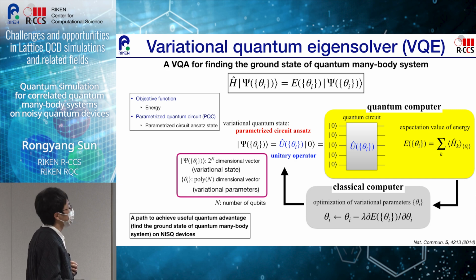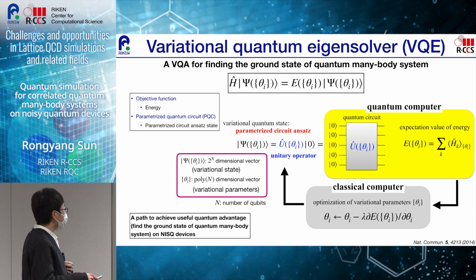Since it can be realized, you can measure the energy and also the derivatives of the energy, and send this information to some classical optimizer on a classical computer, and update your parameters in the parameterized quantum circuit, and get a new ansatz.